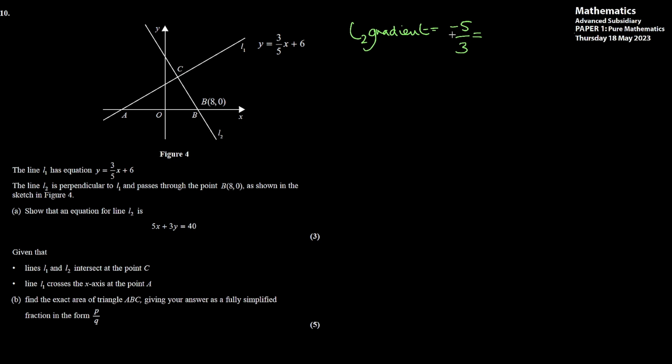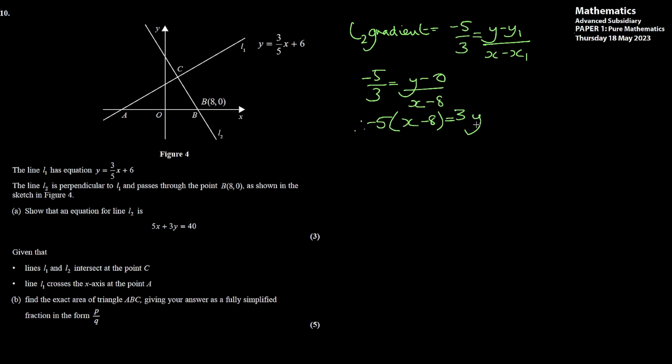And this will be equal to y minus y1 divided by x minus x1, where y1 and x1 are coordinates on that line. Well, we know a pair of coordinates on that line, and that is 8, 0. So let's substitute those values in and see what we get. So this is negative 5 over 3, and this is equal to y minus 0 divided by x minus 8.